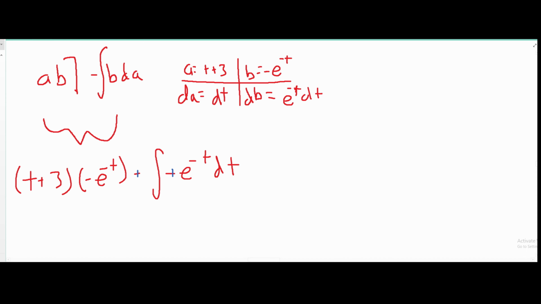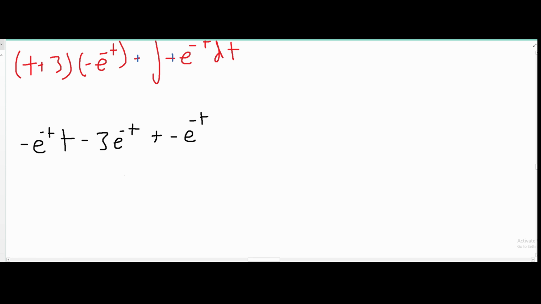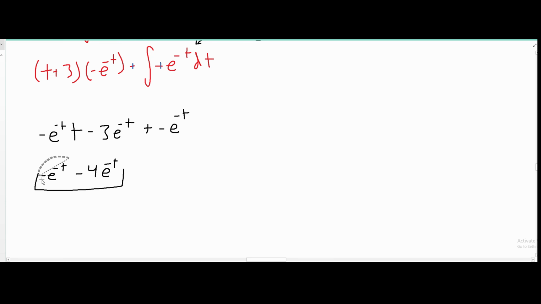We can factor this e to the negative t in, so we're going to have negative t e to the negative t minus 3e to the negative t plus, when we take the integral of this, the negative comes down, so it's going to be negative e to the negative t, like that. So it's going to be plus a negative e to the negative t. From here, we can add these. This is going to stay the same, so we have negative t e to the negative t. Add these two, so we're going to have negative 4e to the negative t, like this. So that means this is our y2 value.